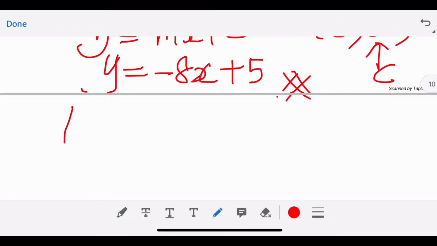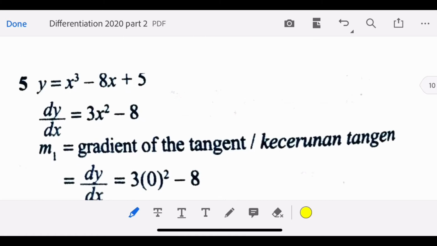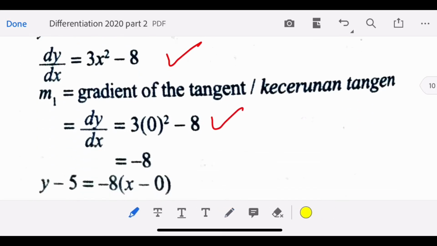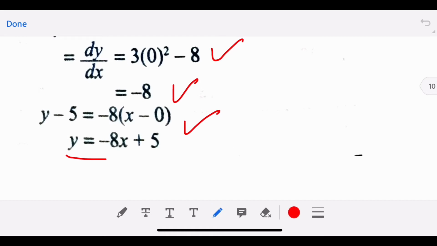Okay, alright, let's check the answer. Alright, so the answer is m is gradient of tangent, so dy/dx is 3x squared minus 8, and then your answer is correct, y equal to -8x + 5. Okay, so you have to show your working clearly so that you can get working marks.